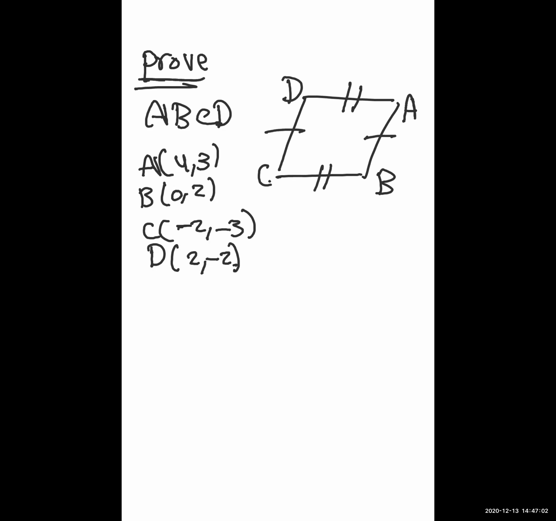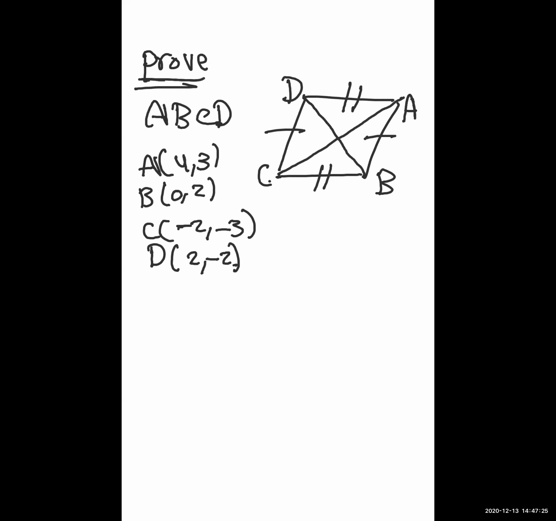Now we can prove that this is a parallelogram using the diagonals. This is another method, guys. The two diagonals are AC and BD.